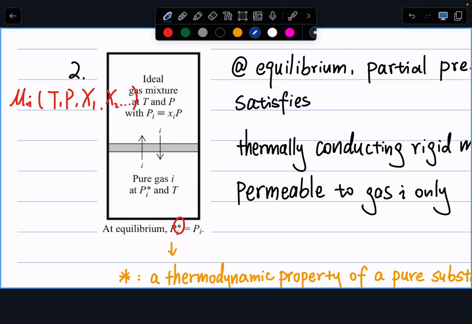So for an ideal gas on the bottom part, we have mu_i of this pure species as a function of temperature and P_i star. And this P_i star equals P_i.